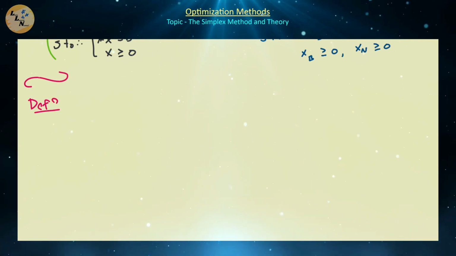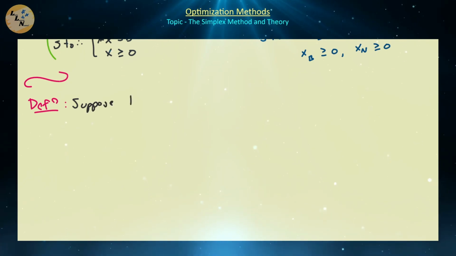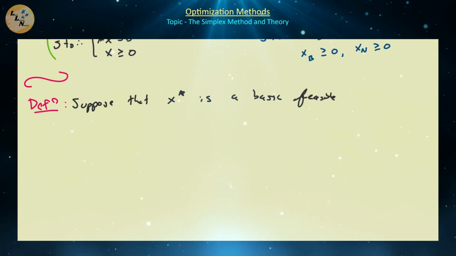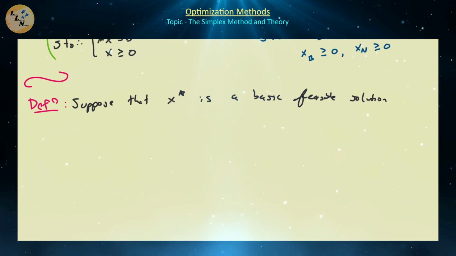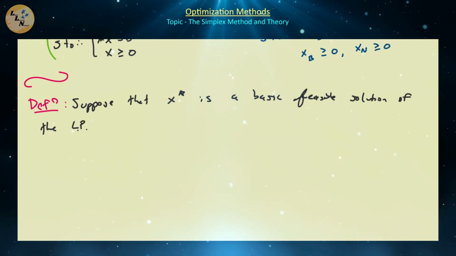So, definition. Suppose that x star is a particular basic feasible solution of the linear program that we are working with.